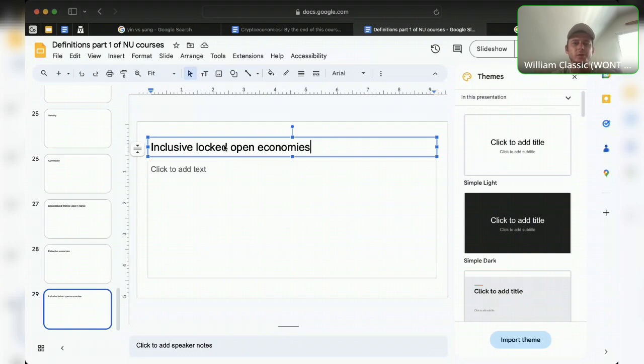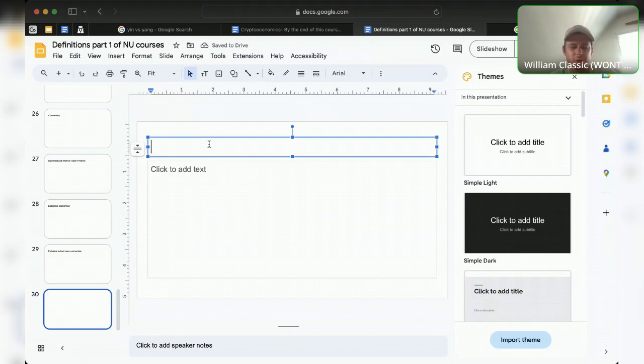It's an optional open system, but once you're in, you're locked into the rules, which keep it inclusive. And positive sum, which gets us to some game.